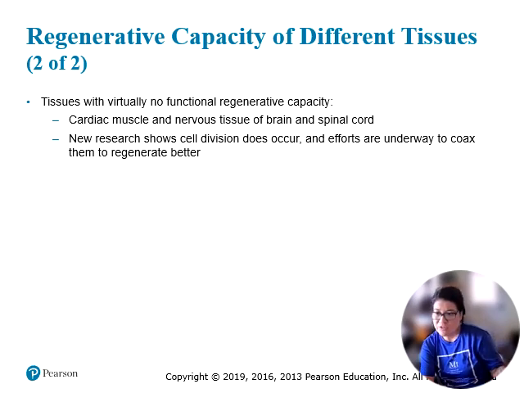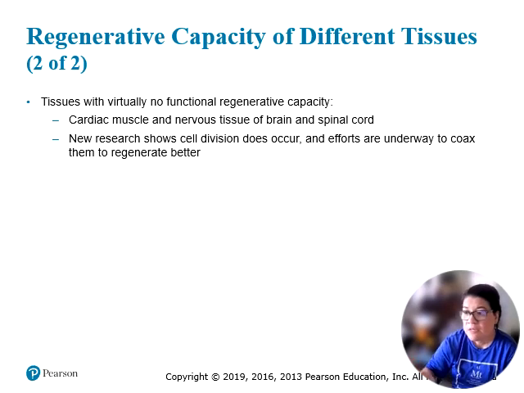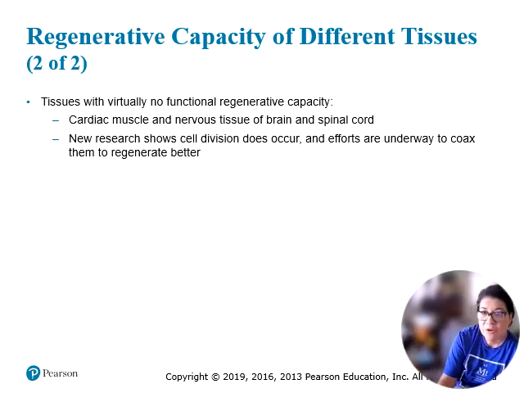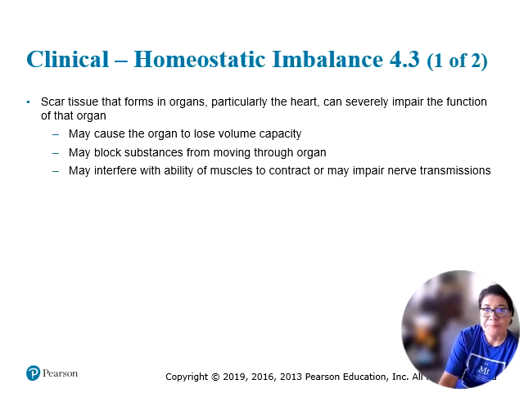So cartilaginous tissue is also not great at repairing because it's not vascularized. But cardiac and nerve tissue are, most of the time, not going to heal really at all. So that's why if somebody's paralyzed, often there's no hope of that healing. But they are trying to find ways to make it heal better.